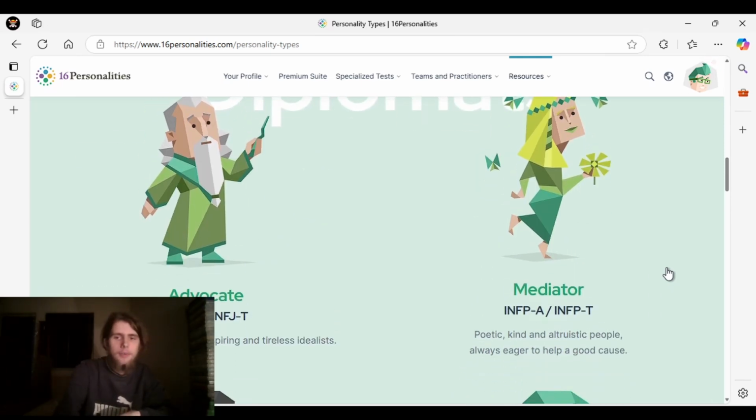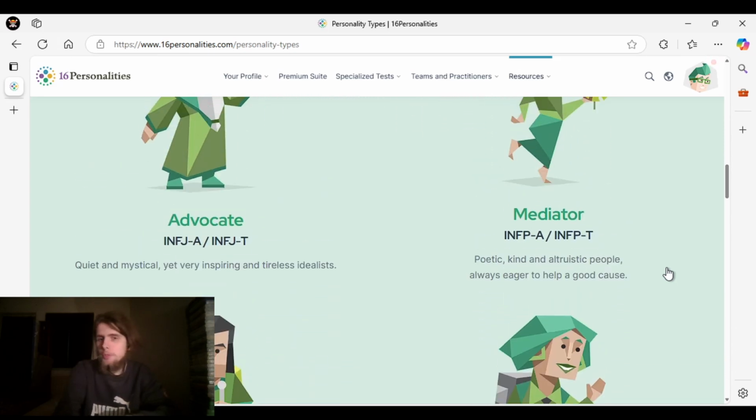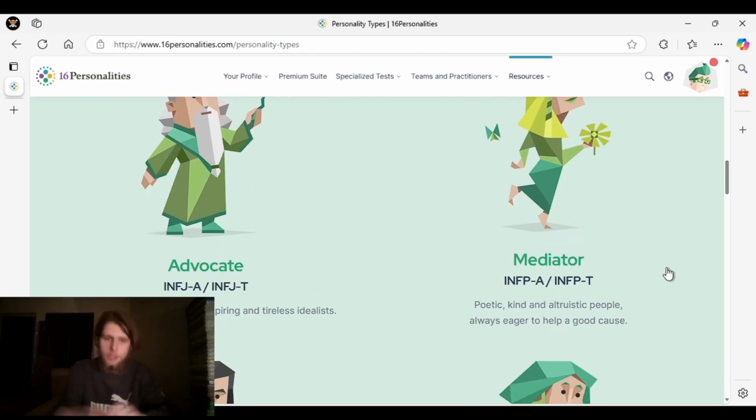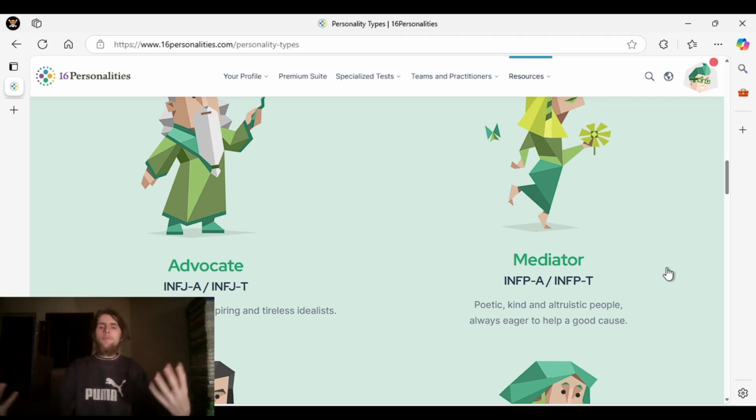Now, these ones are a bit more sociable than most other types. Essentially, they're way more connected with the energy around them, when you're around people or things, whether they give out that energy or seek that energy.